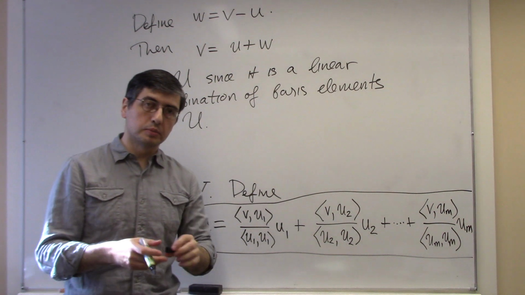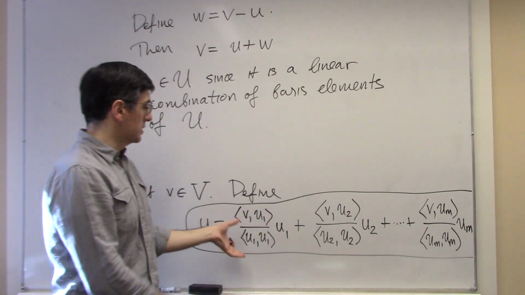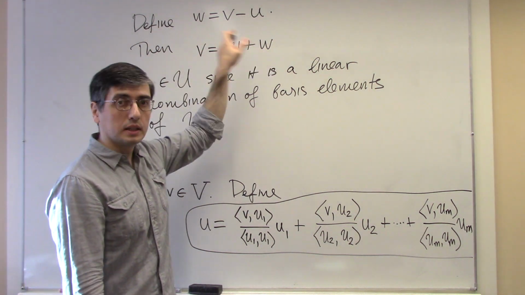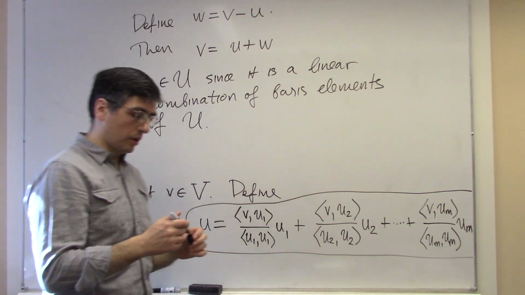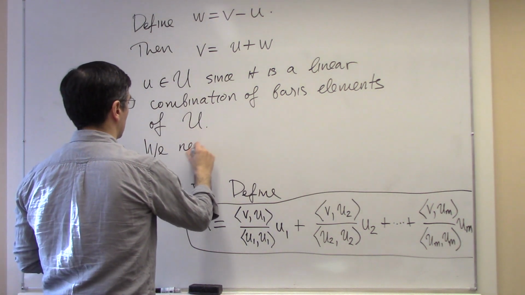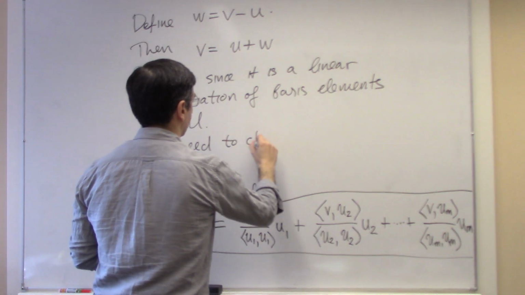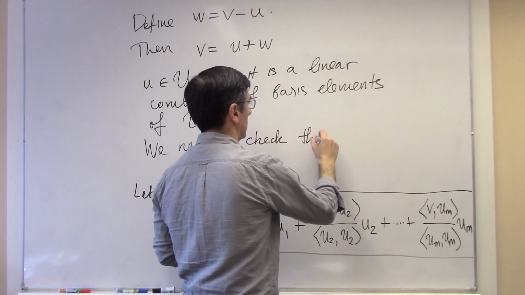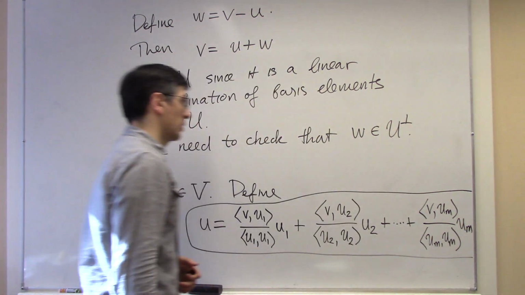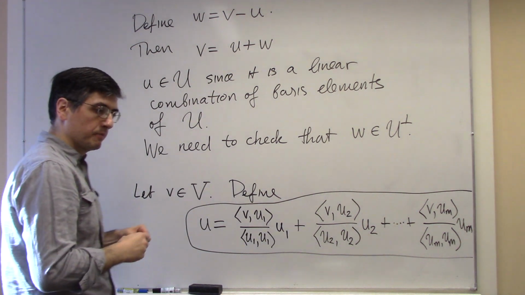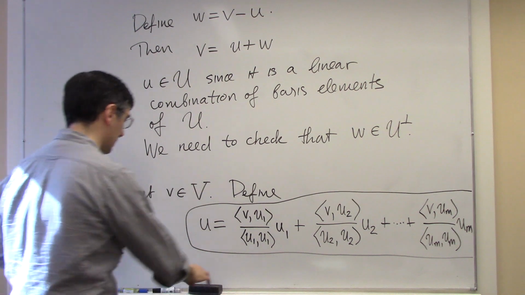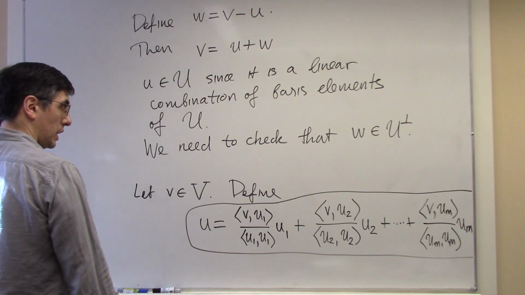The hard part of the proof is writing down this U really, but we still have to check that this W belongs to the orthogonal complement. And for this, it is enough to check.